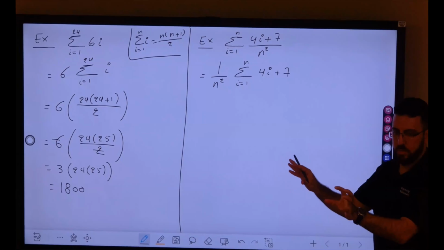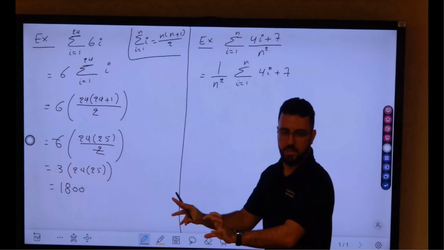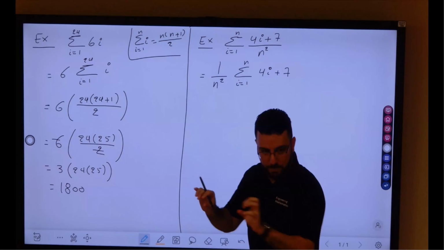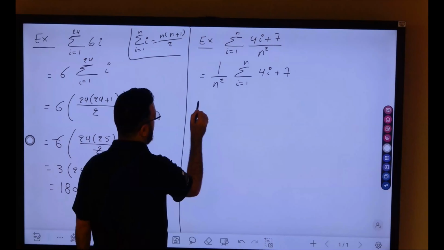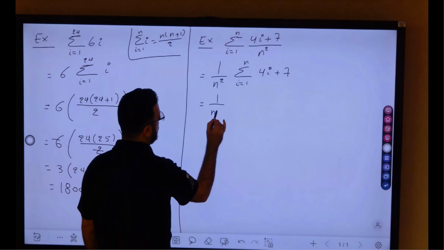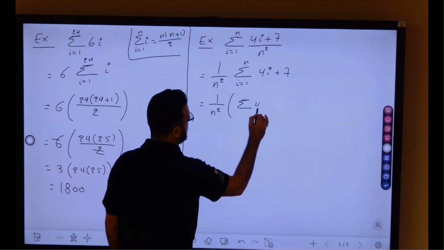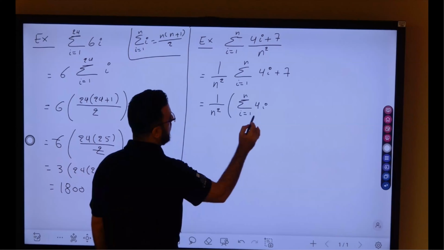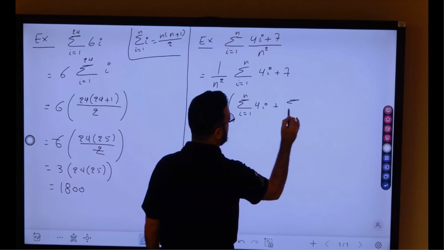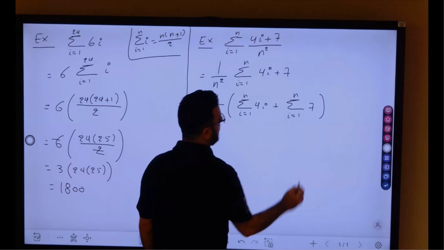Which one can I use? You have summation of 2 terms, so separate the summation. That means rule number 6. I can say, okay, it's 1 over n squared times the summation of 4i, i equals 1 to n, plus the summation from i equals 1 to n of 7.